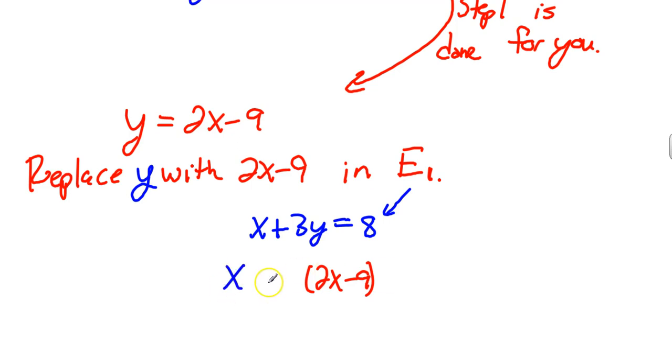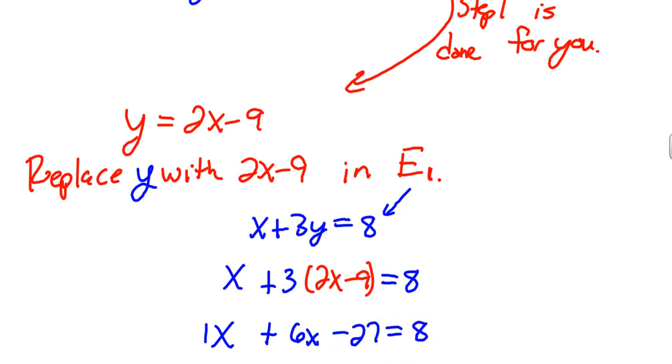So the x will go here, 3 goes there, and equals 8 goes there. Right off the bat, once you've taken this y out and replaced it with 2x minus 9, you've got to do the distributive property. If you want, put a 1 in front of the x to make it easier. You've got 3 times 2 for 6x, and 3 times negative 9 for negative 27, equals 8.